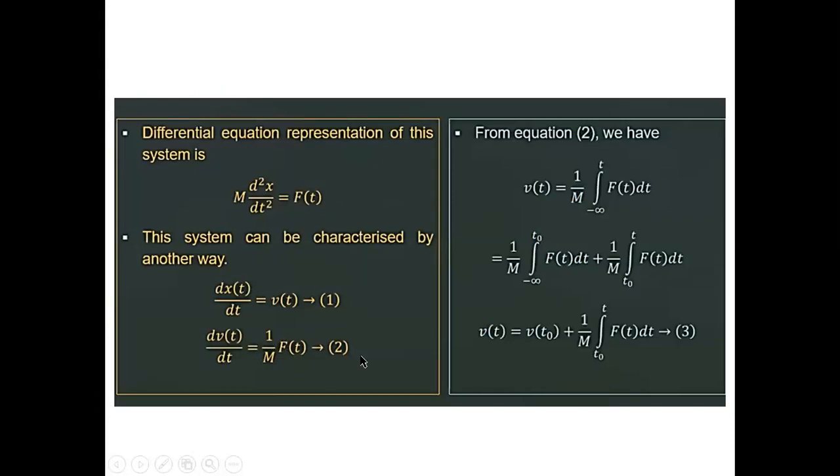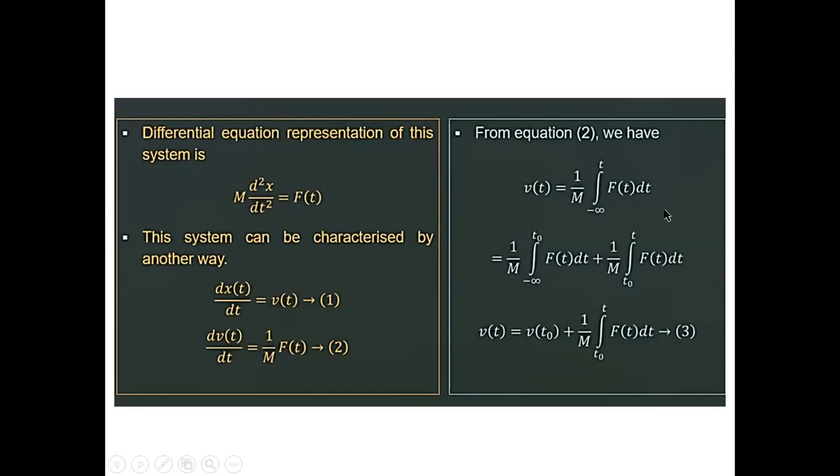Now from equation number 2, dv by dt is equal to 1 by m into f. We'll solve it for the value of v of t. We integrate on both sides and get v of t is equal to 1 by m integration from minus infinity to t of f of t dt.